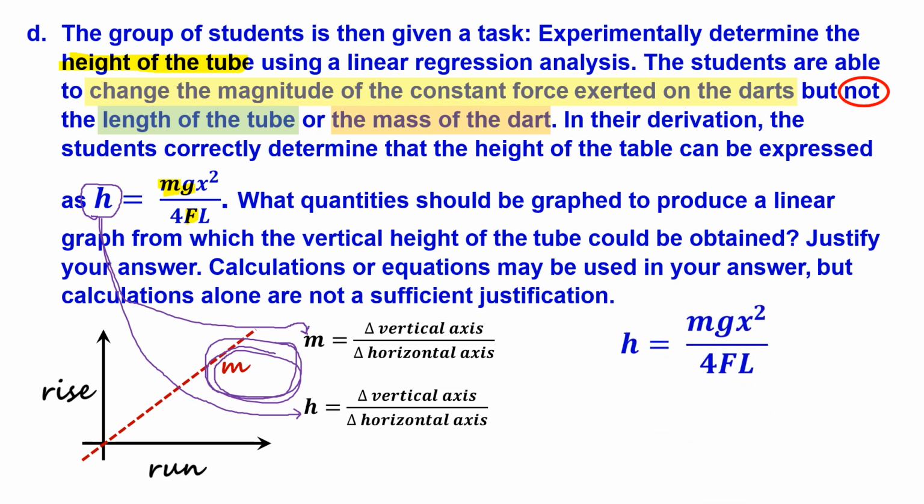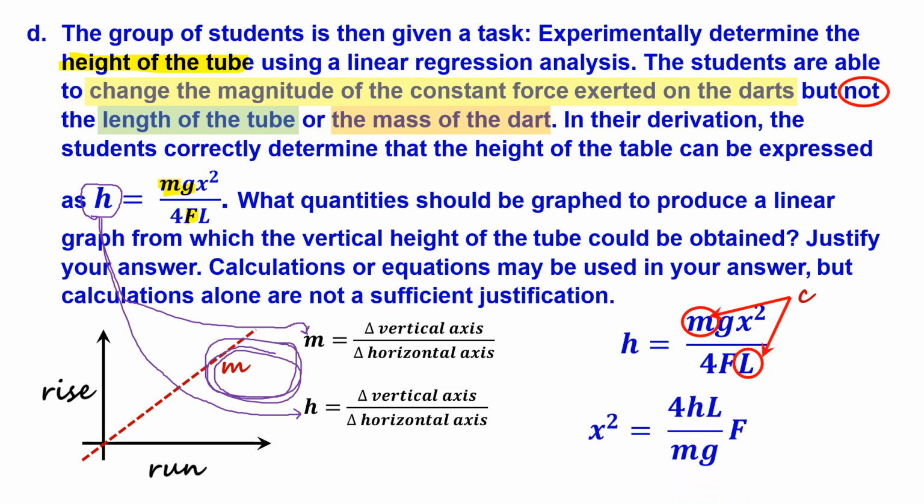Now, if you look at your experiment, the equation that they give us, H equals mgx squared over 4FL. So what do you think is your dependent and what is your independent? So in this experiment, we've been trying to figure out the value of x. So mass is constant.